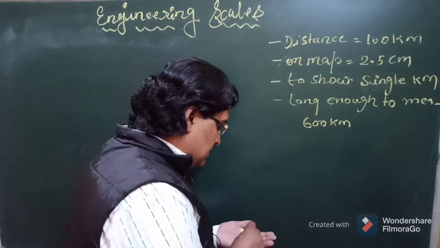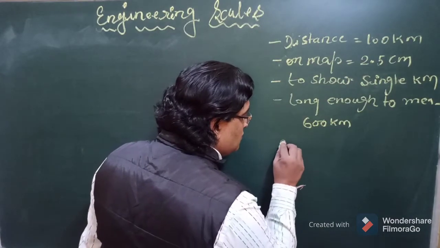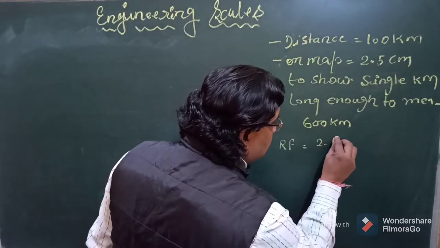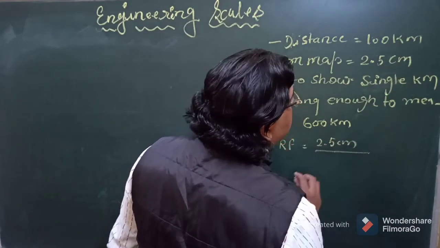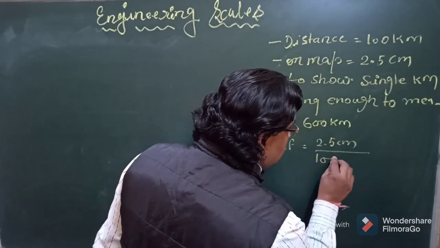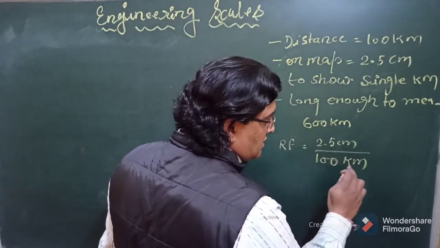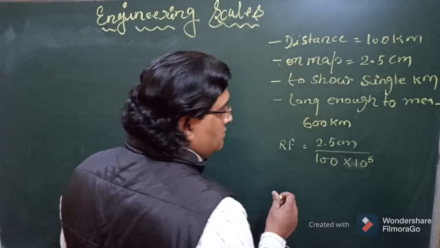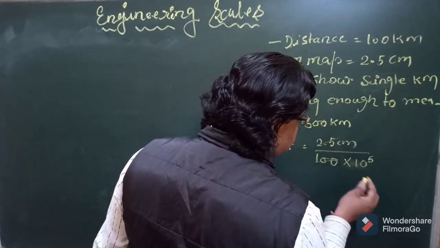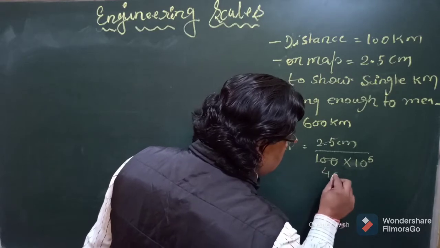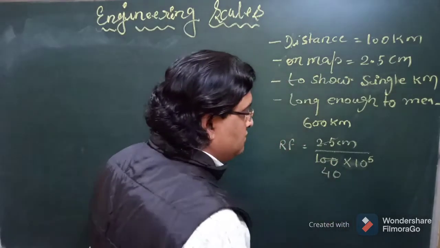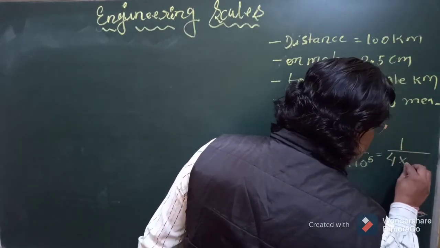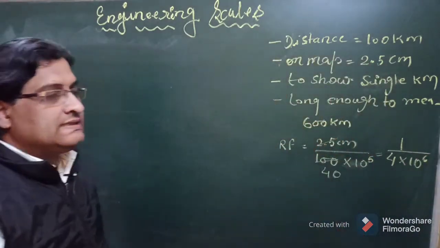So what will be the RF of this scale? We can easily calculate it. RF is equal to 2.5 centimeter divided by this 100 kilometer. Convert this kilometer into centimeter by multiplying by 10 to the power 5, and the RF comes out to be 1 by 4 into 10 to the power 6.